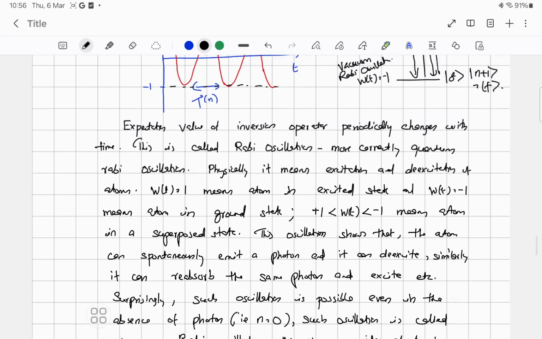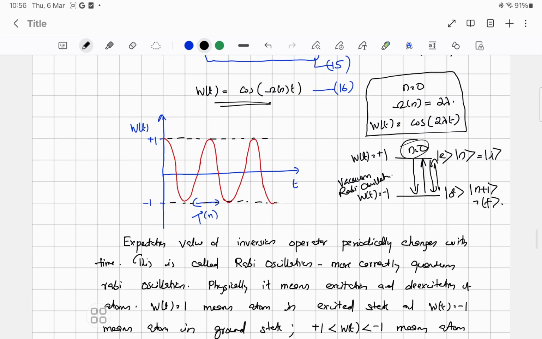Okay, so what we have discussed so far is, if you consider a system, an atom with two states, a ground state and excited state, and the field is in the Fock state. So initially the system has n number of photons, then the two possible states are En and Gn plus 1.